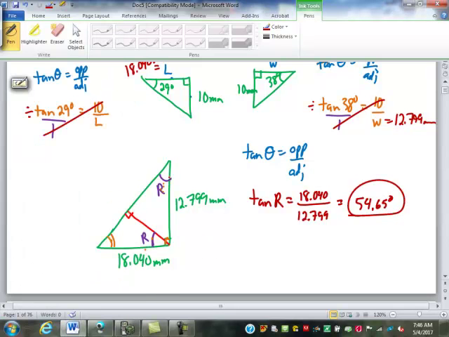So again, that is telling me this angle here is 54.65 degrees, which means this one is 54.65 degrees. That is my angle of rotation. So that's R.